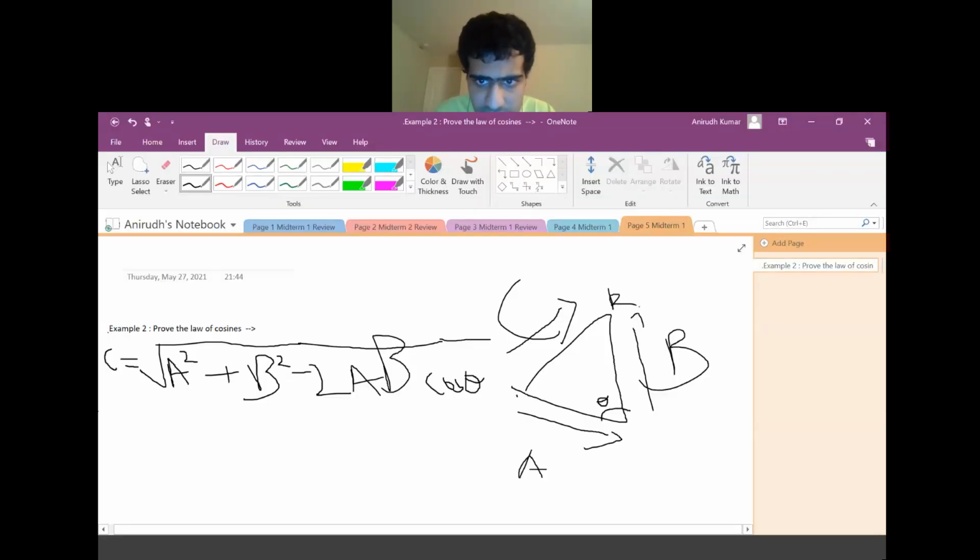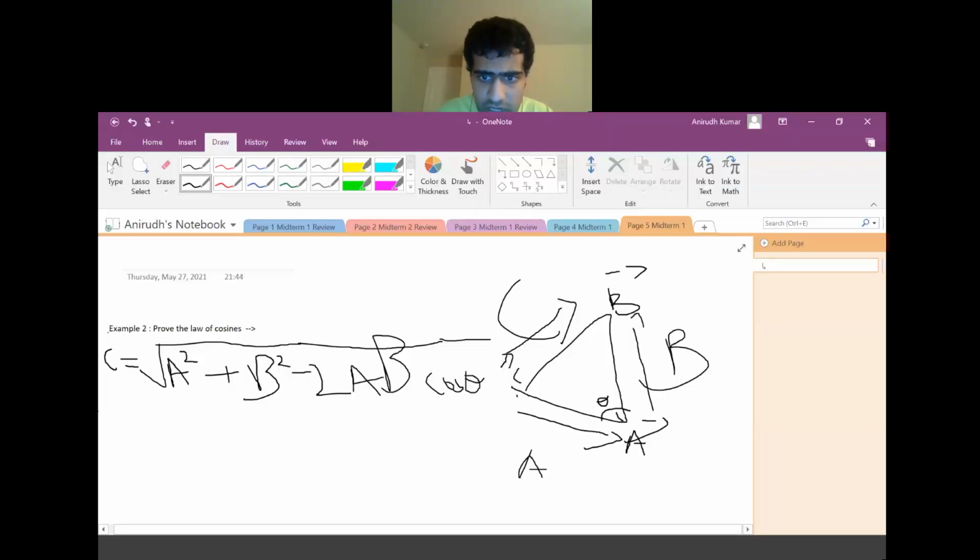This is B. This is the direction of B. This is the direction of A, and this is C. Let's make a right angle triangle out of this.